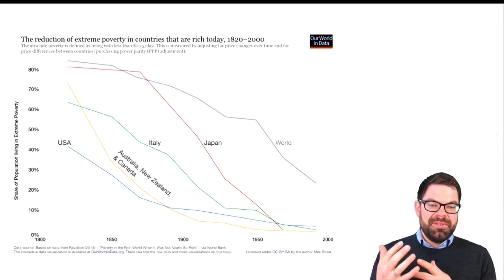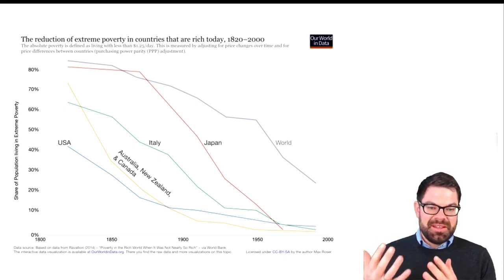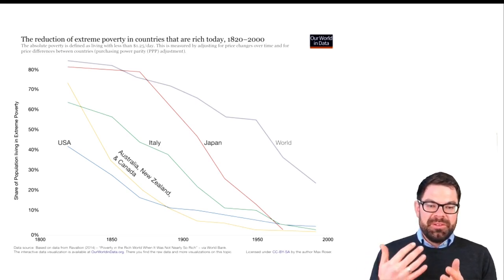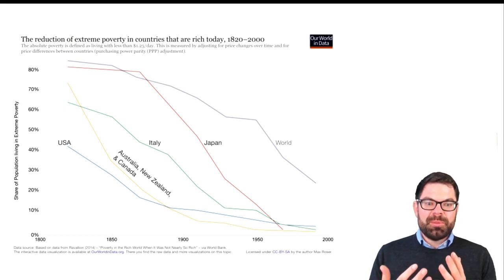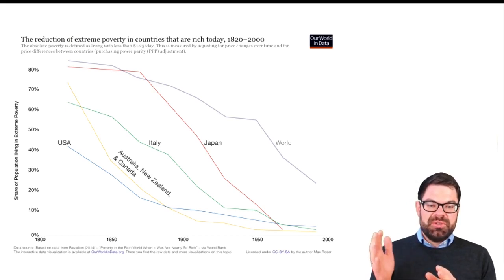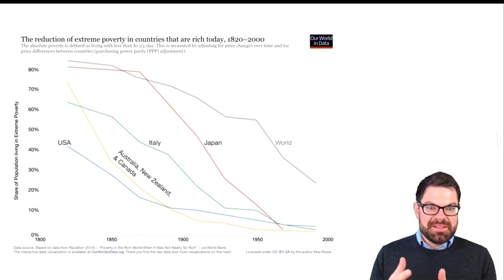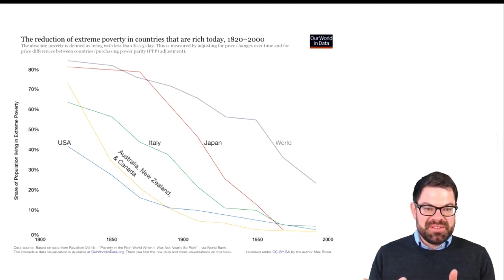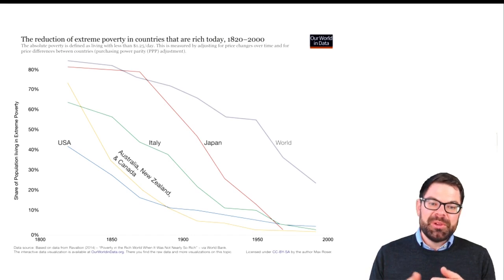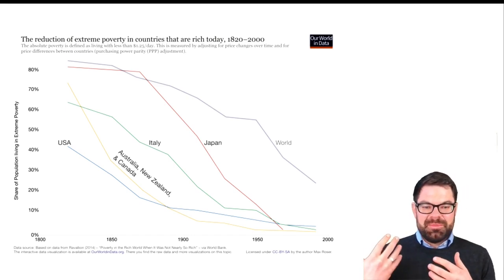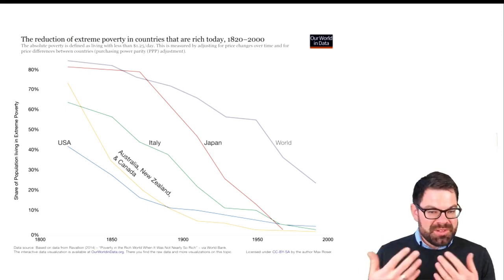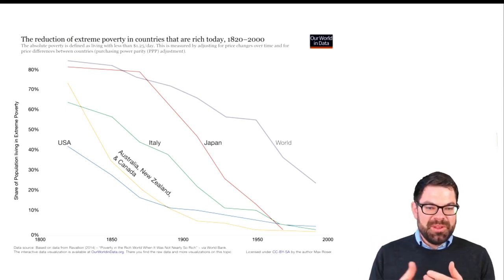I'm not sure if this is the best measure that we can come up with, but on that website they use it for probably good reason. And so what it shows are some very important trends that should actually make us quite optimistic. Typically when you hear people talking about development, they say, oh, the world is becoming worse, and it's a lot worse now than it was in the 1950s.